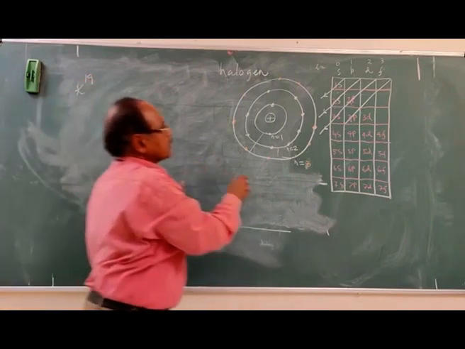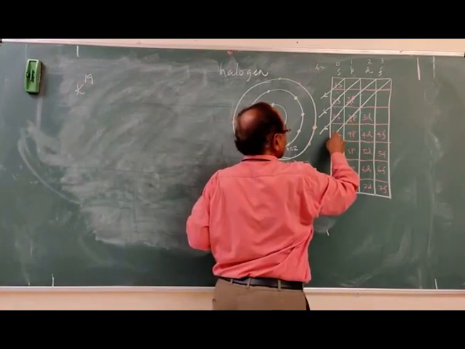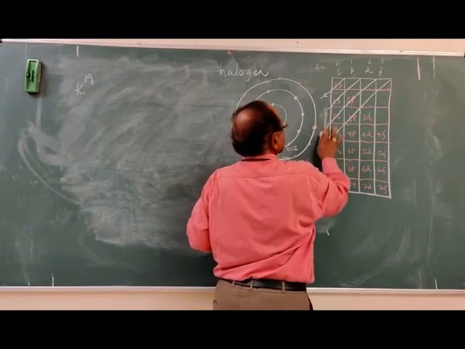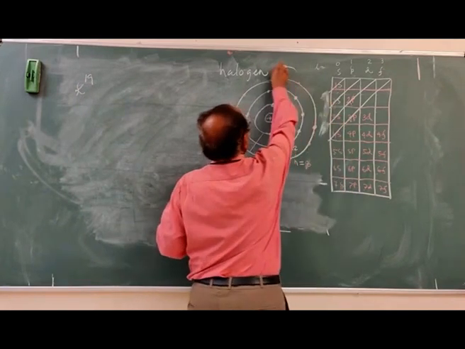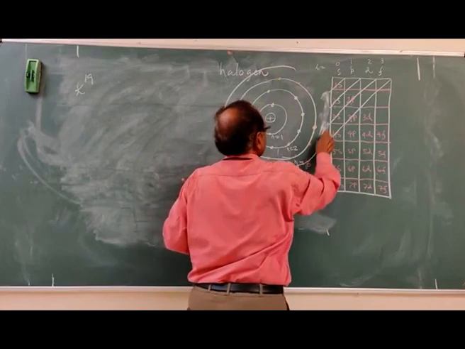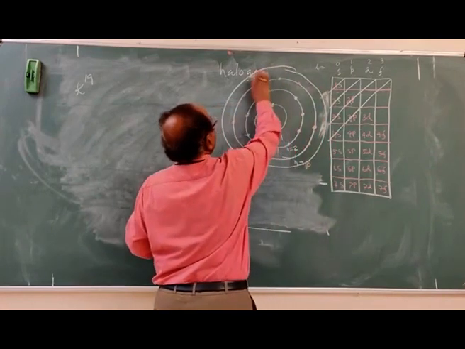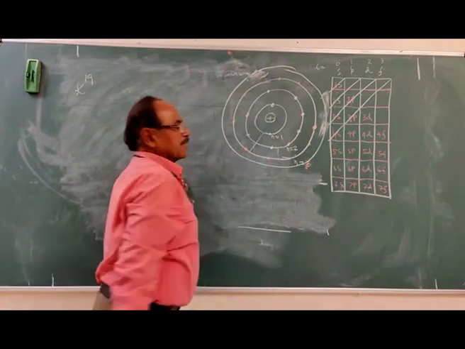So now after 3p, the electron will now go to 4s. Now the electron will come to 4s, the fourth shell. The electron will come to the fourth shell of the periodic table.